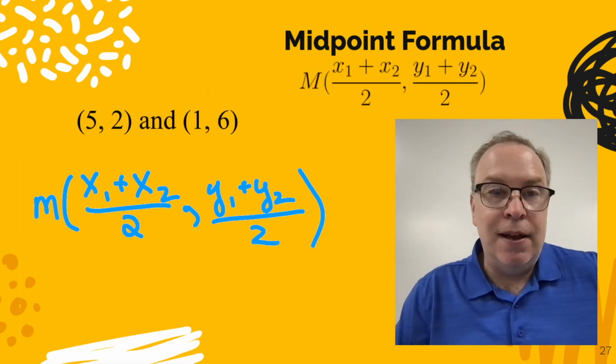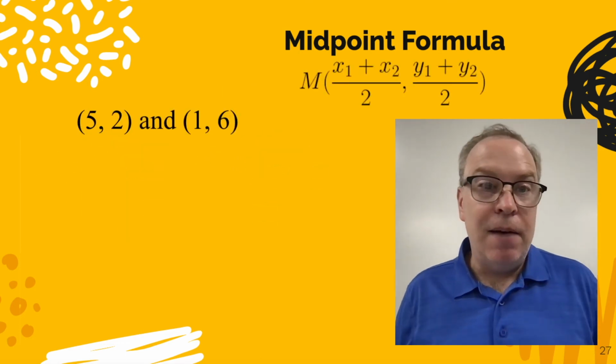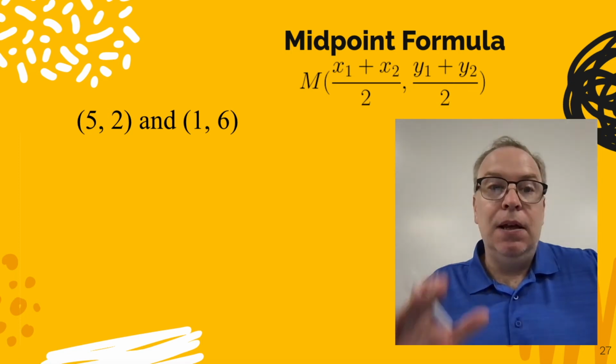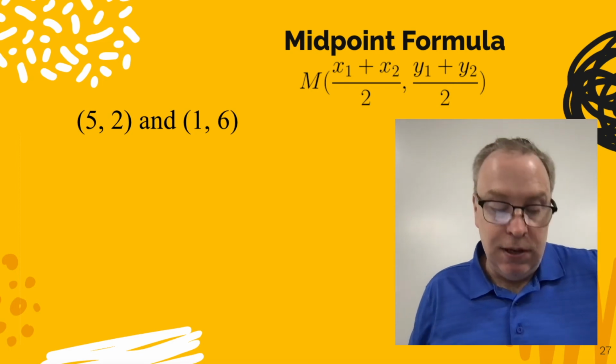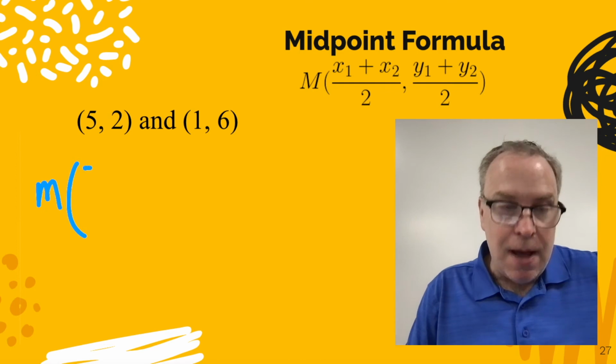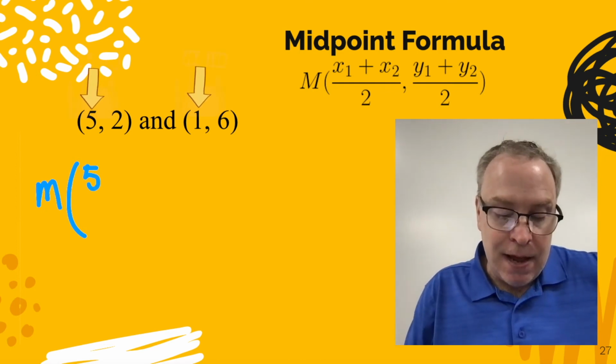So let's look at a problem where we can put this formula to work. 5, 2, and 1, 6. We're going to find the midpoint between the two of these. So the midpoint, we're going to add them up. The them I'm talking about, by the way, are the x coordinates, so 5 and 1.